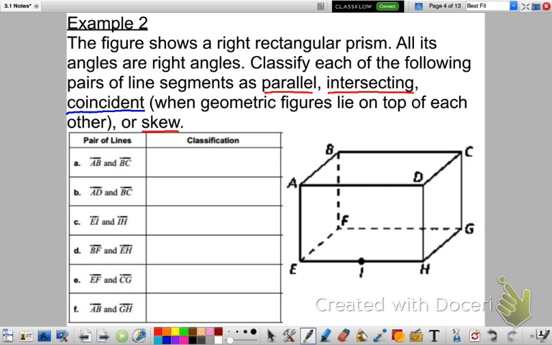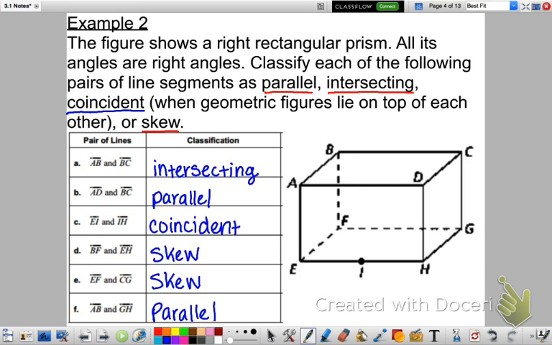So coincidental lines are going to happen when we have the very same thing that we can name two different ways. So go ahead and pause the video, work this out, and then come back and we'll go over it. Welcome back. I hope that your answers look similar to mine.